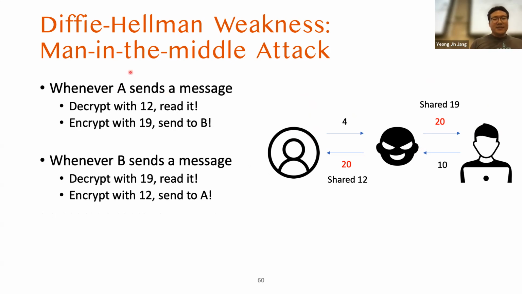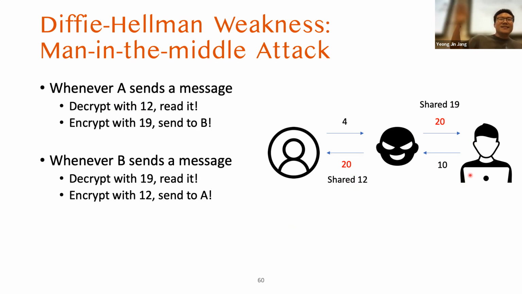So what it will do is, whenever user A sends a message to C, they will use shared secret 12. So what C can do is decrypt the message with 12 and then encrypt it with 19 and send it to B. Then they can read the message, and user B thinks that the message is coming from user A. And then do the same thing.